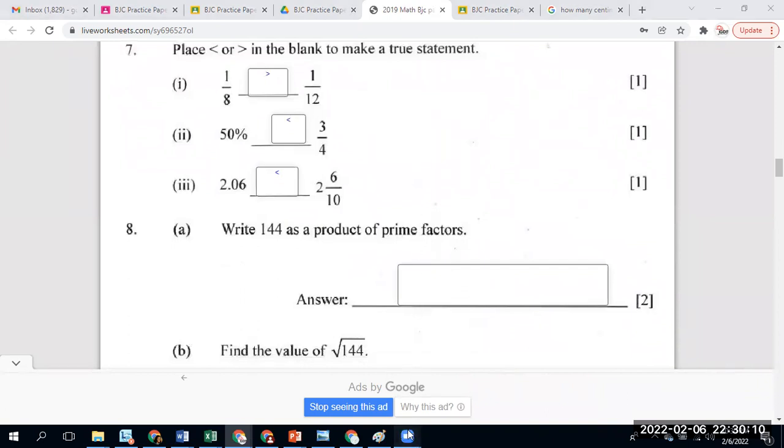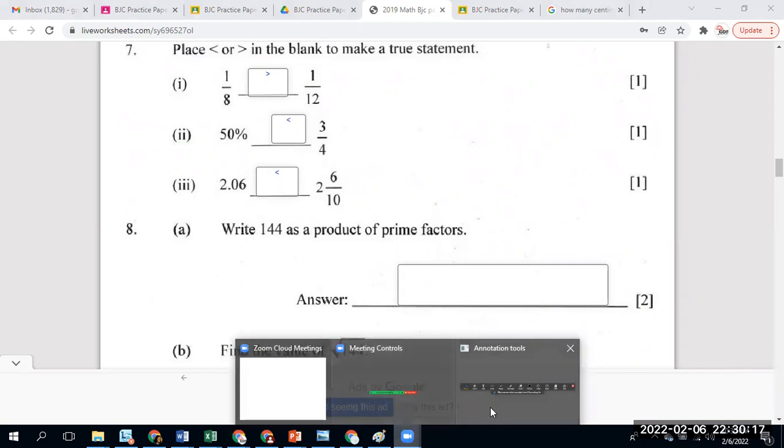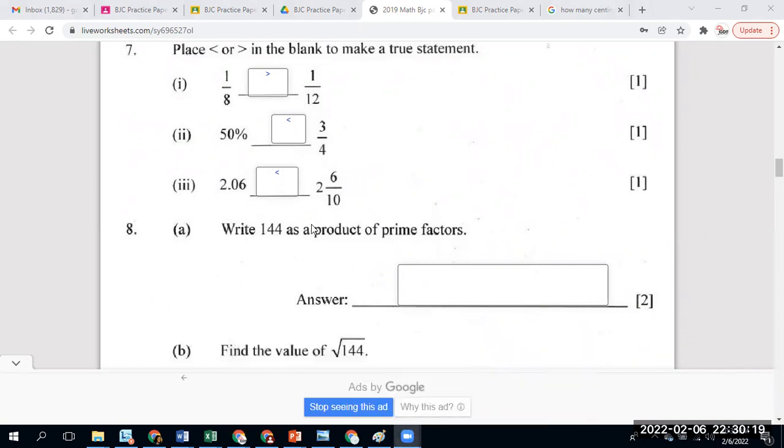Now we're moving on to writing this number as a product of its prime factors. 144, we know we can do a factor tree, but we know that 144 is equal to 12 times 12. And how can we write 12 as a product of its prime factors?